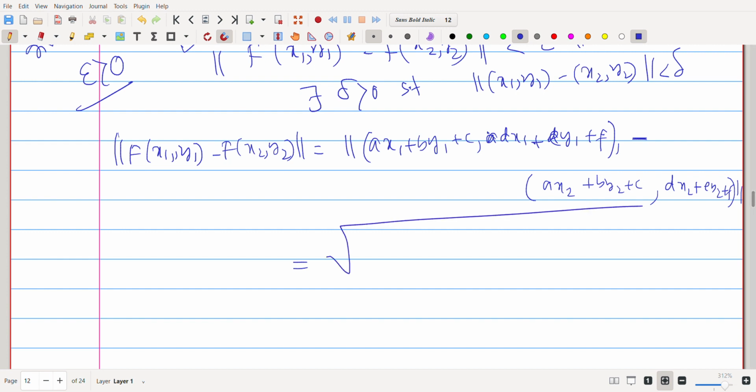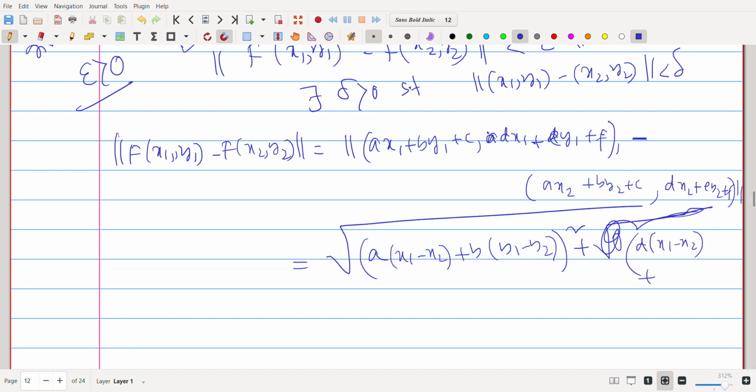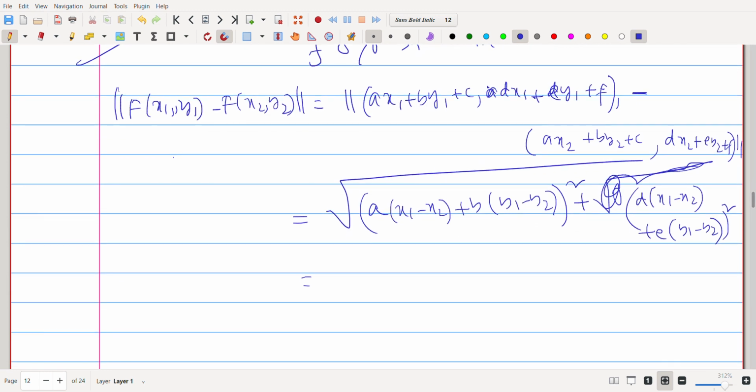So what is this by definition? It is basically root over (a times (x1 minus x2) plus b times (y1 minus y2)) whole square plus (d times (x1 minus x2) plus e times (y1 minus y2)) whole square.